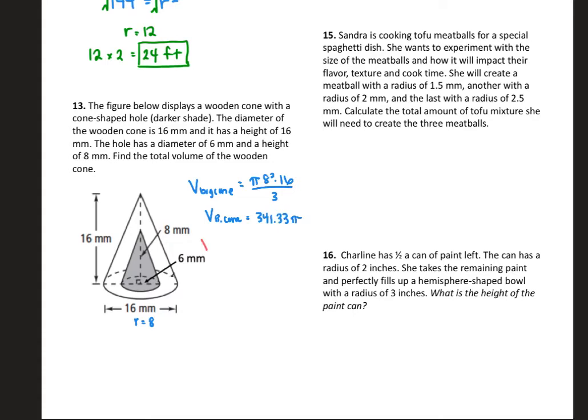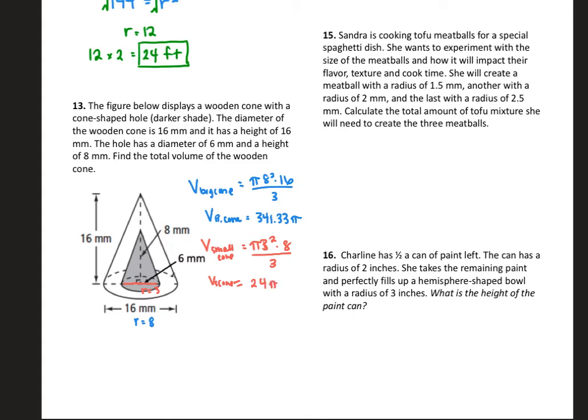And then we're going to find the volume of the small cone, which is going to be pi r squared. So the radius of the small one, if the diameter is 6, that means the radius is 3. So pi times 3 squared times the height, which is 8, and again divided by 3. So 3 squared times 8 divided by 3. So the volume of the small cone is going to be 24 pi.